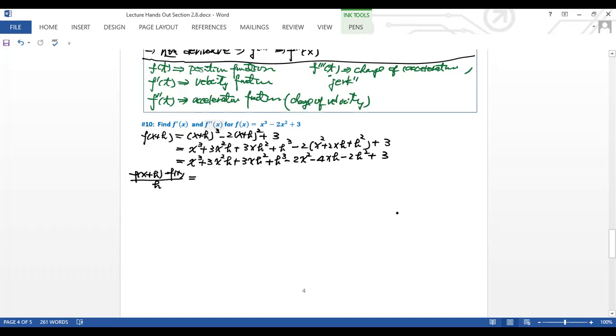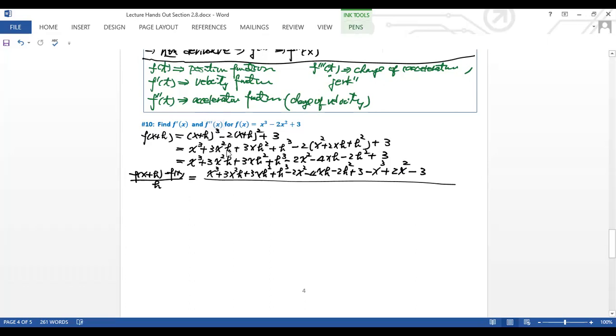So this is x cubed plus 3x squared h plus 3xh squared plus h cubed minus 2x squared minus 4xh minus 2h squared plus 3. Then minus f of x, so it's minus x cubed, but be careful, the minus needs to carry in, so it's minus 2x squared minus 3, right? So the minus needs to be applied to each term.